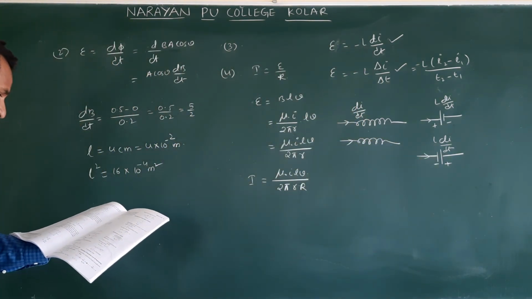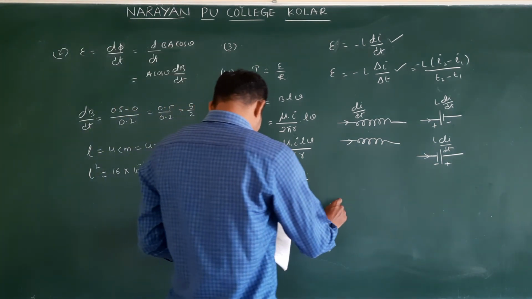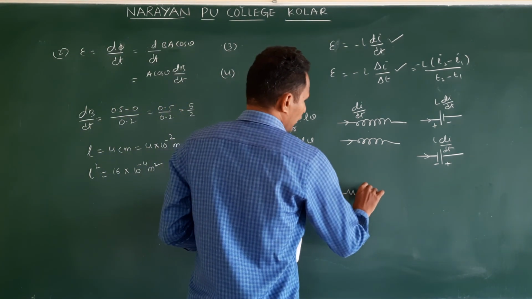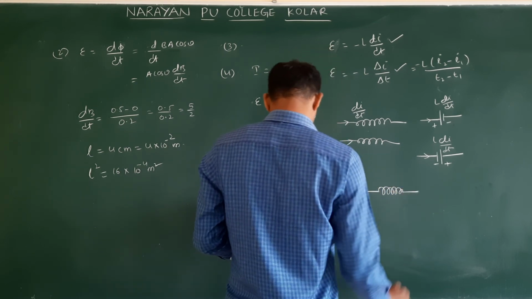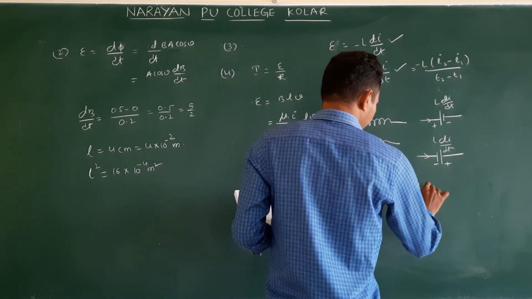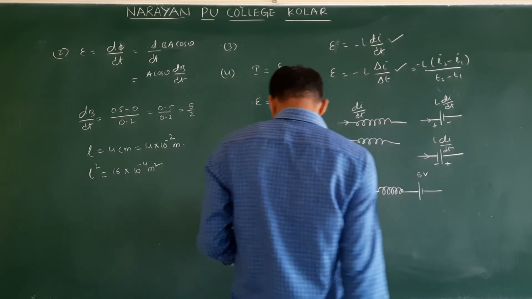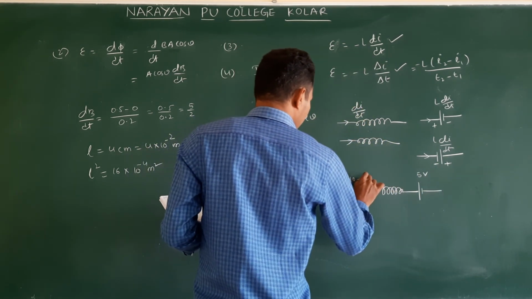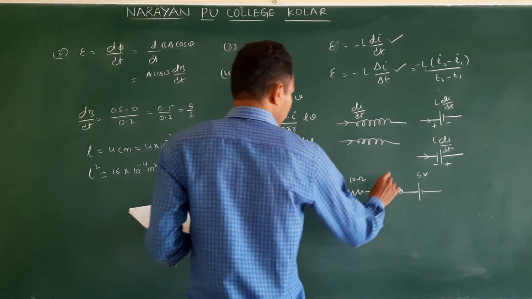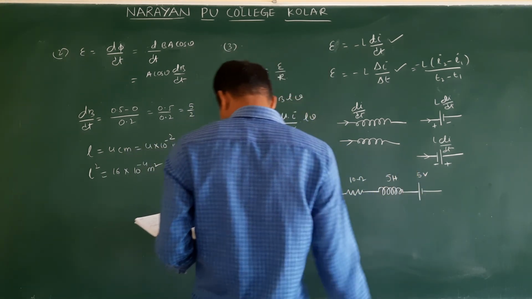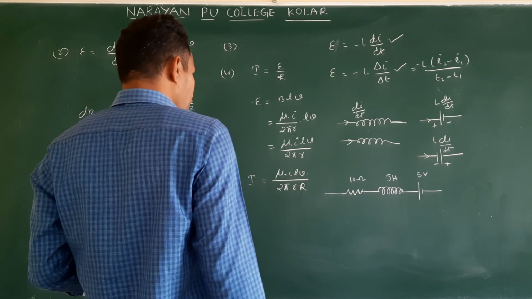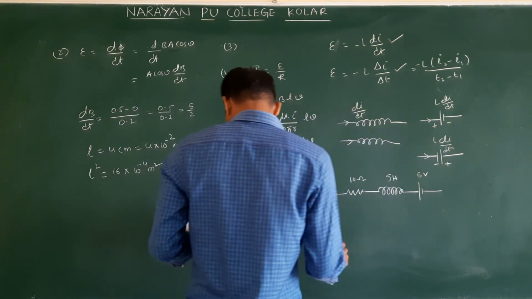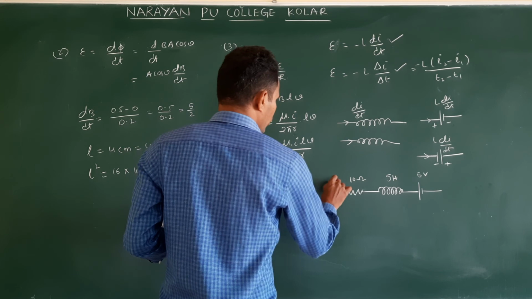They give an example. See how to solve this. A circuit is given like this: a resistor, an inductor, and a battery. This is 5 volt, here it is 10 ohm, and here it is 5 H. Clear? This is 2 ampere.